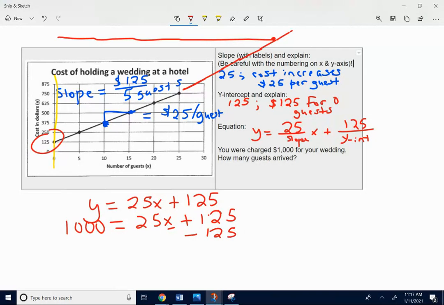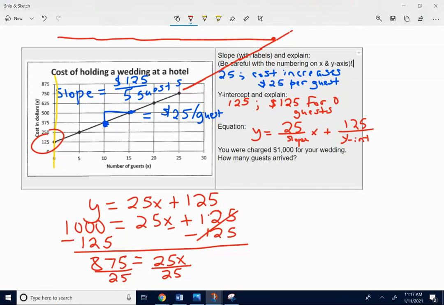Get rid of the added 125 first by subtracting 125. 875 is equal to 25 times X. Now we need to get rid of the multiply 25 by dividing, and you get 35. So if you brought 35 guests, the total cost for having the wedding would be $1,000.